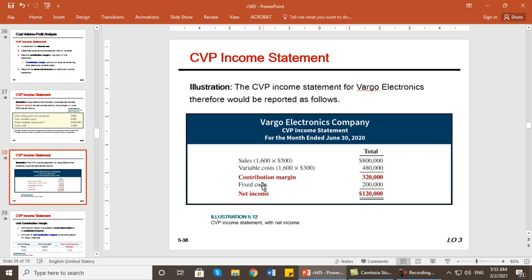So we get contribution margin 320,000, less fixed cost 200,000, net income 120,000. Here is the cost value profit income statement: all the variable costs together, all fixed costs together, and you see a new item, contribution margin.